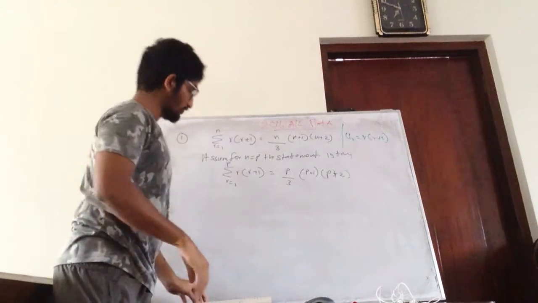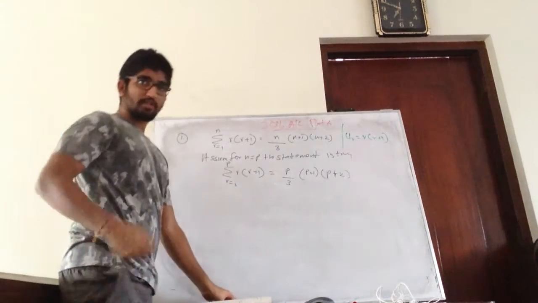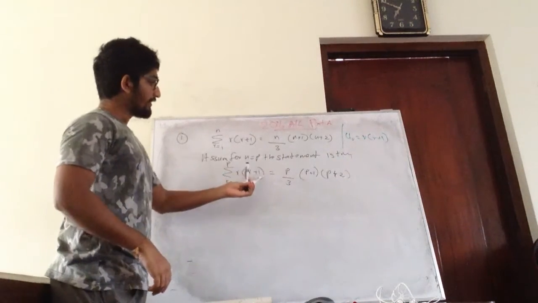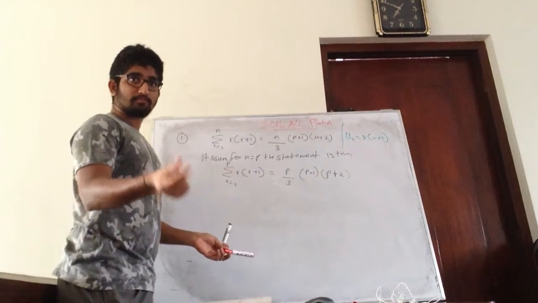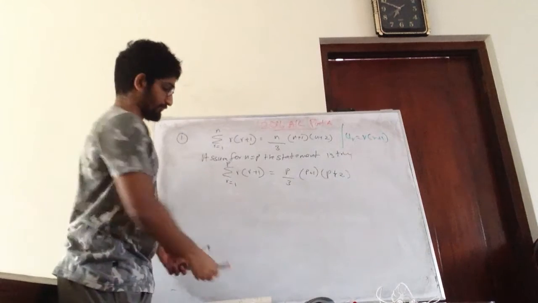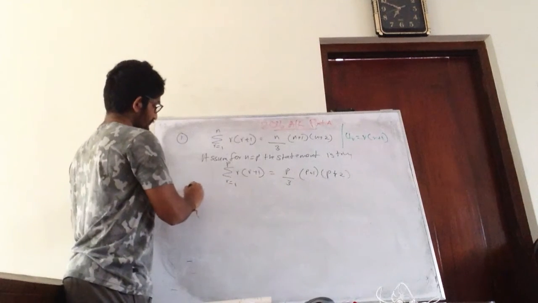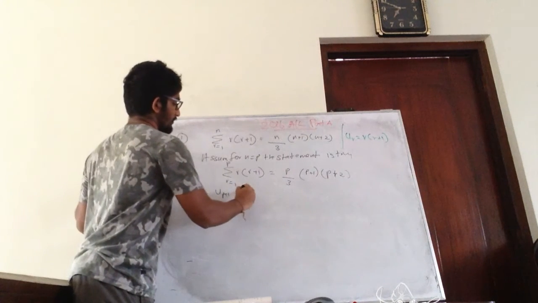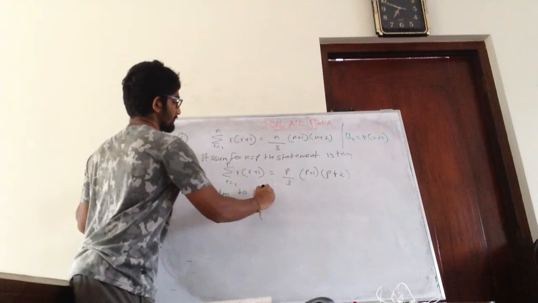Right. So then what I'm going to do is add the p plus 1 term to both sides. Adding u p plus 1 to both sides.